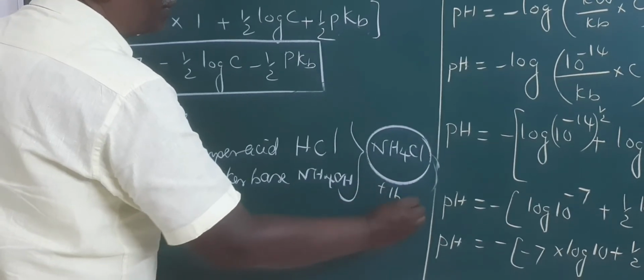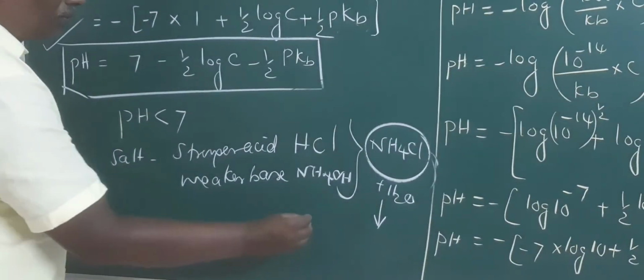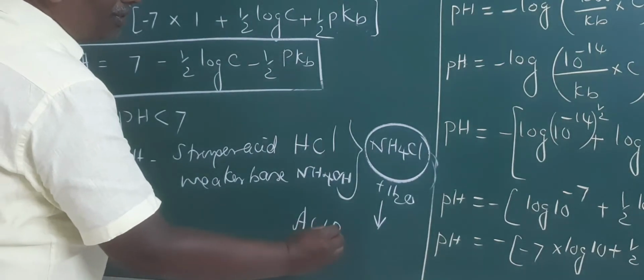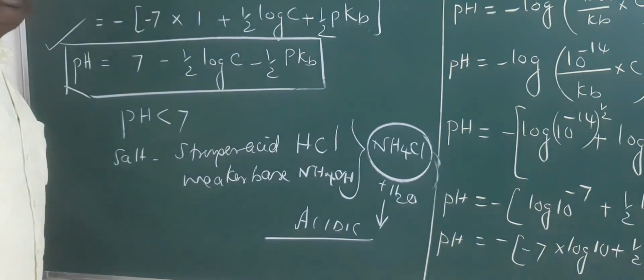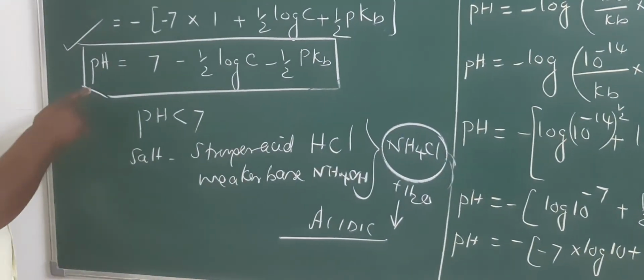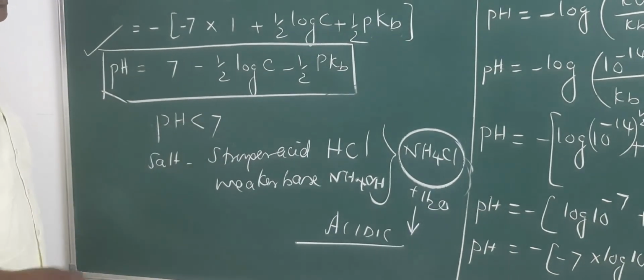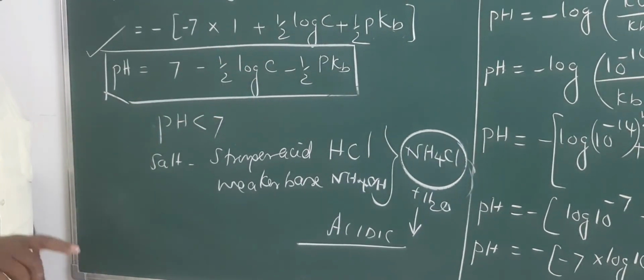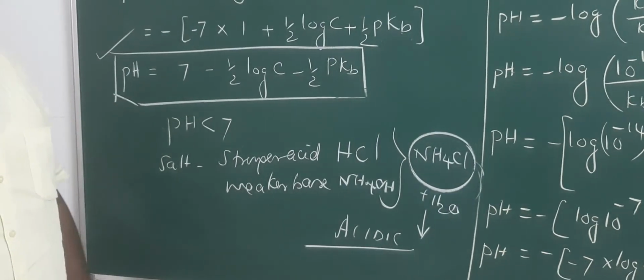During its hydrolysis, the resulting solution is acidic in nature. This is the best proof for that: the pH value is less than 7, and in this way the pH of the solution can be calculated. Is it clear?